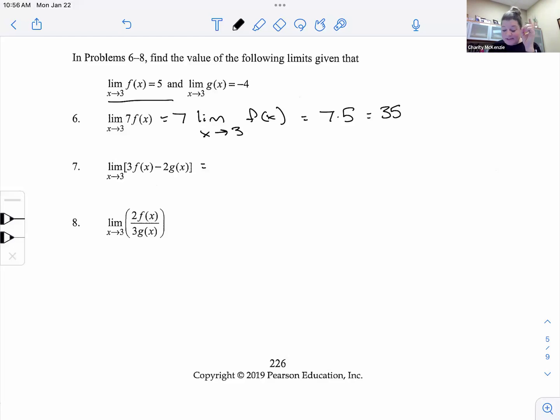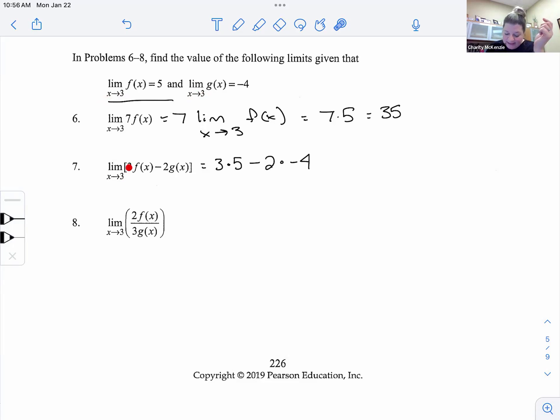Okay, so problem 7 is 2 of those, so 3 and 2, and you're subtracting. So I can look at these separately and think 3 times the function f has a 5 value minus the 2 times the function g had a -4 value. So all I did was, I know it's going to 3, going to 3, going to 3.